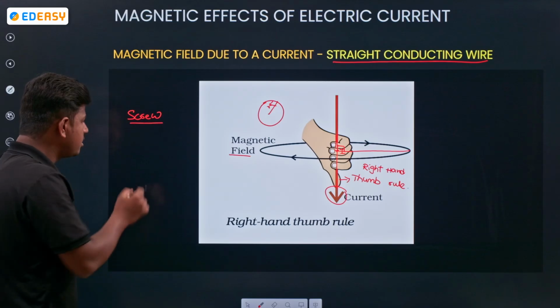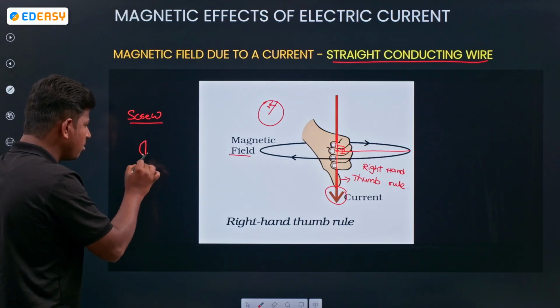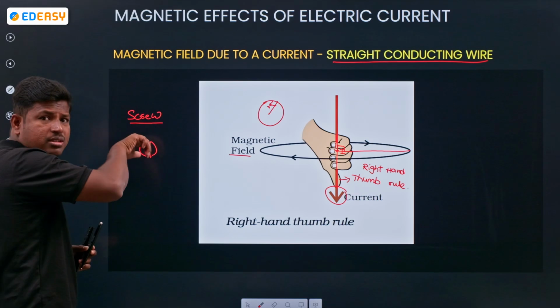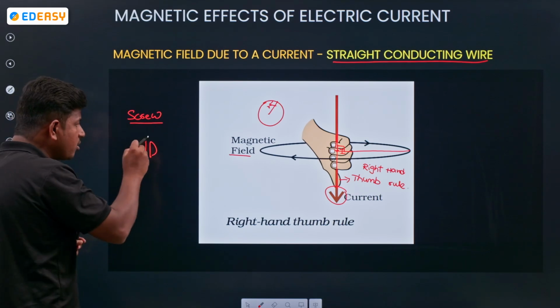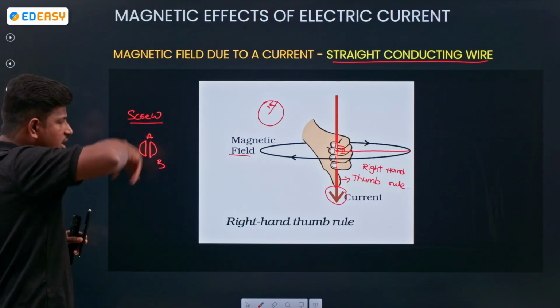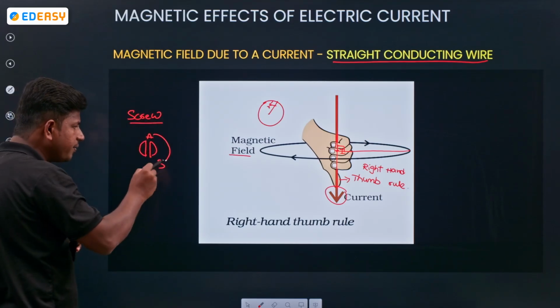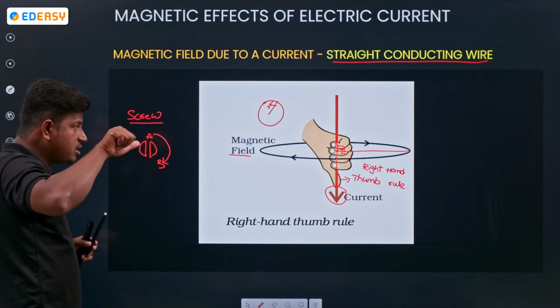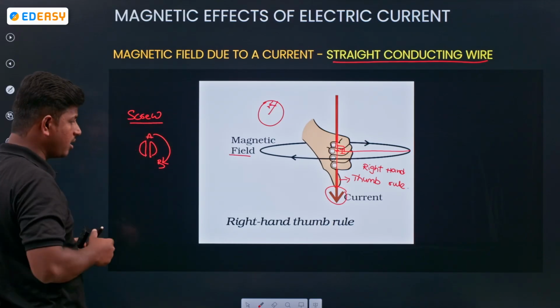Screw rule. See, if I take a screw like this and insert it, which direction has to be turned? Right side, clockwise, because fixing means it goes inside the page.